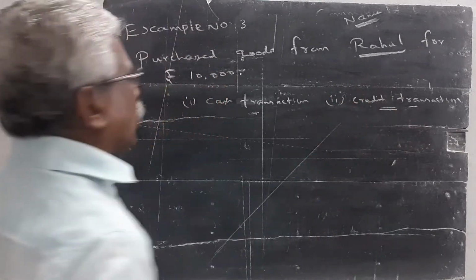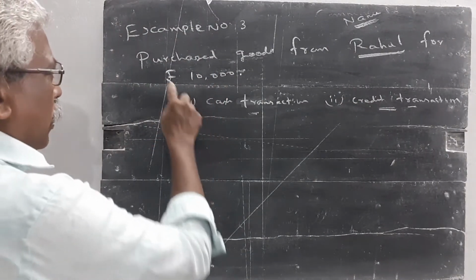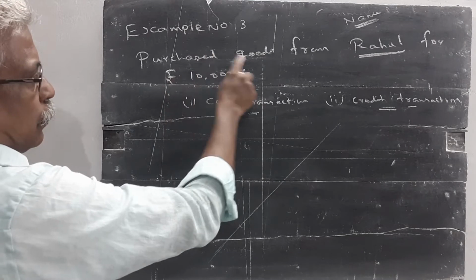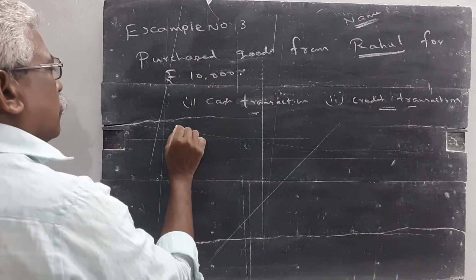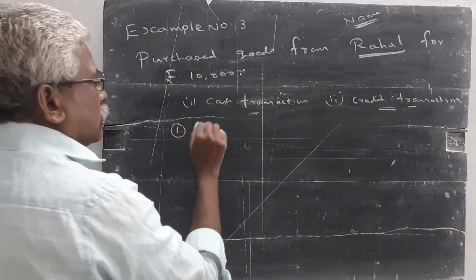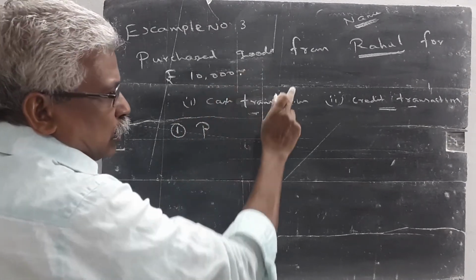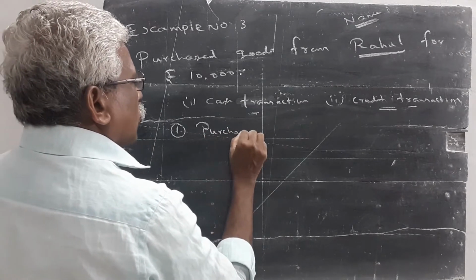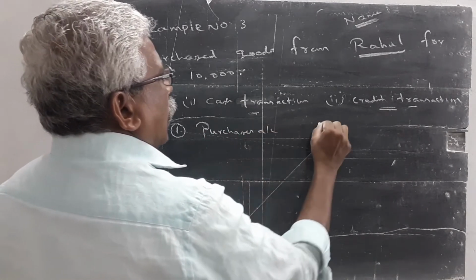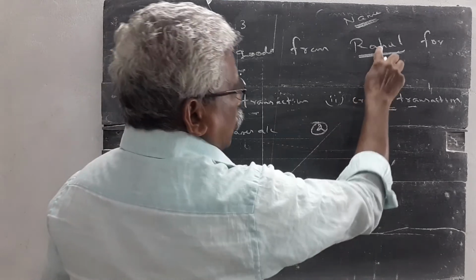So what are the two accounts? Purchased goods: we never use the word goods, instead we use the word purchases. This transaction consists of two accounts. The first account is the purchases account and the second account is the Rahul account.